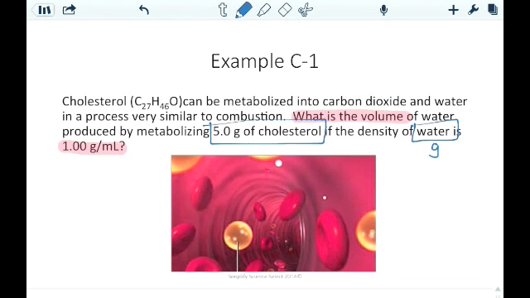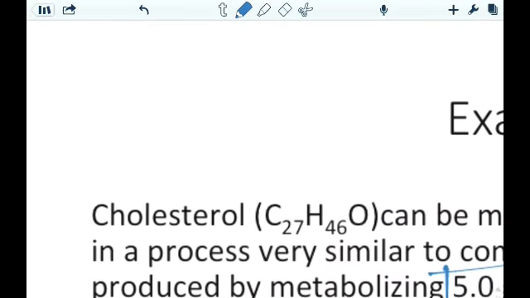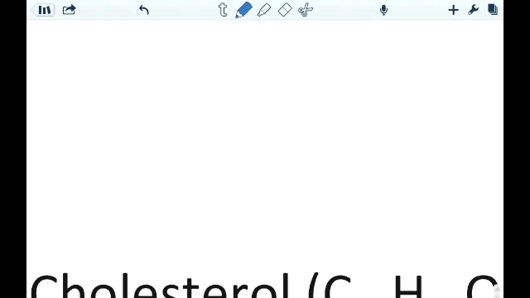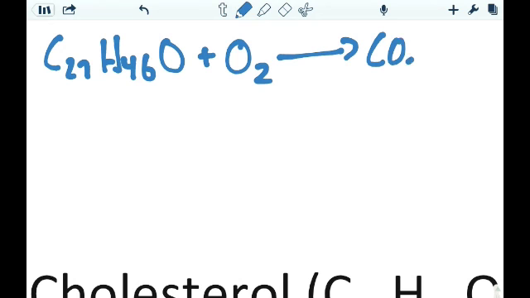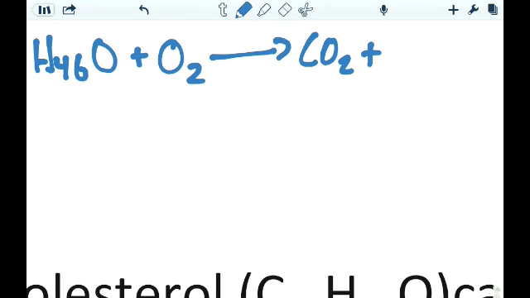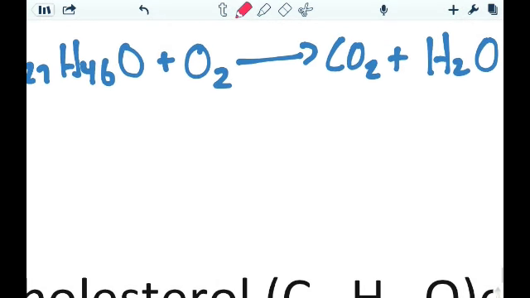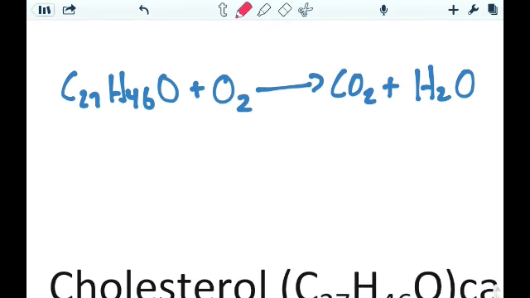Okay, so we need a nicely balanced chemical equation. It's a lot like combustion. So we'll start with C27H46O. Now combustion, remember, is just with oxygen gas, and produces our CO2 plus our H2O. So let's balance it out. We have 27 carbon, so we put a 27 in front of the CO2.